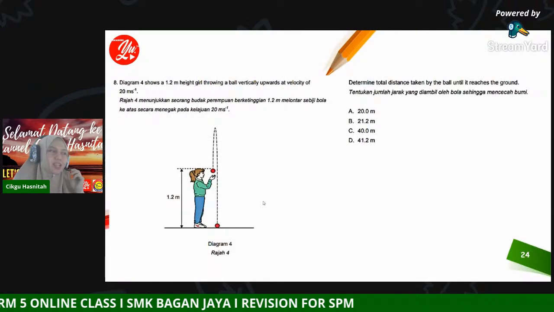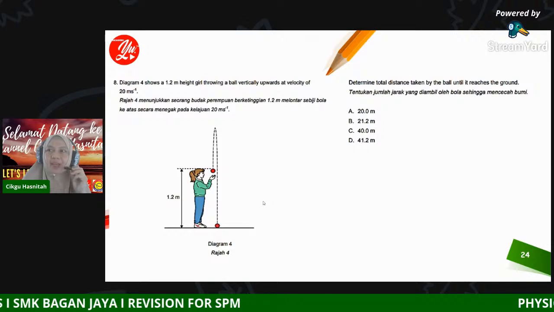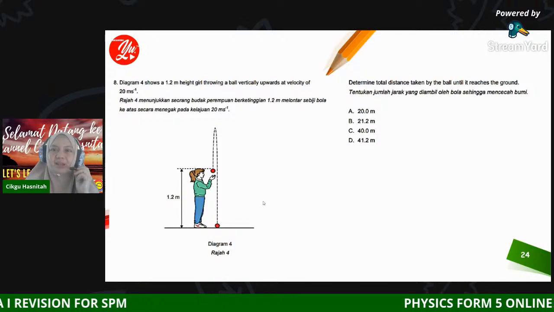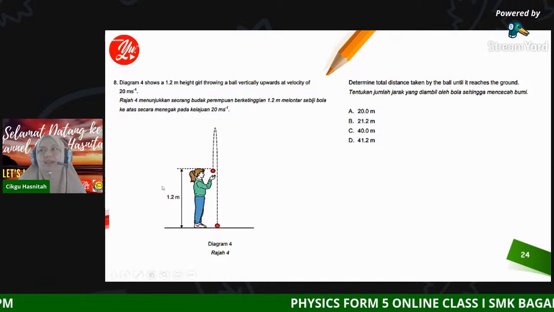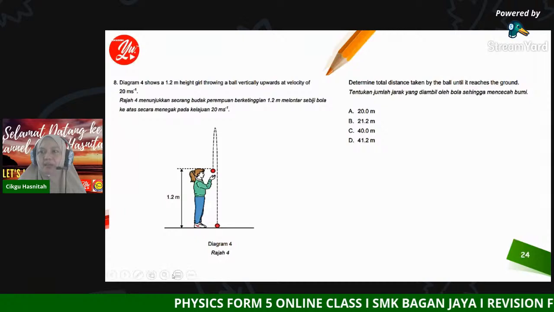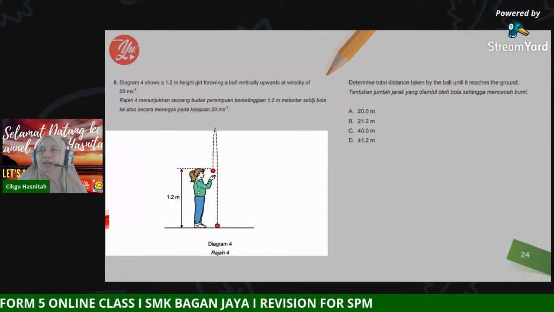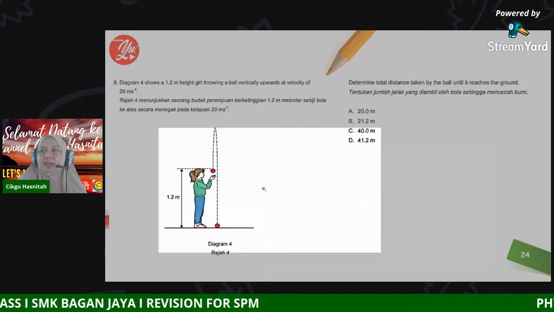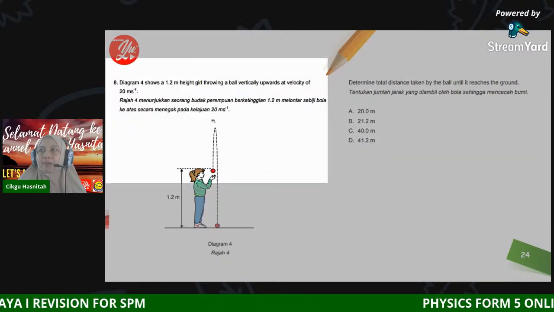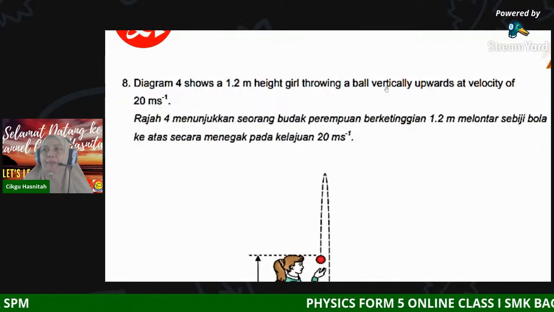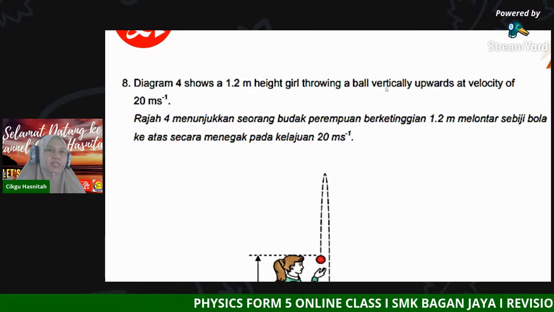Okay, question number 8. Question number 8 again has to do with calculation. So what do we have here? It shows a girl at a height of 1.2 meter throwing a ball vertically upward at a velocity of 20 meter per second.